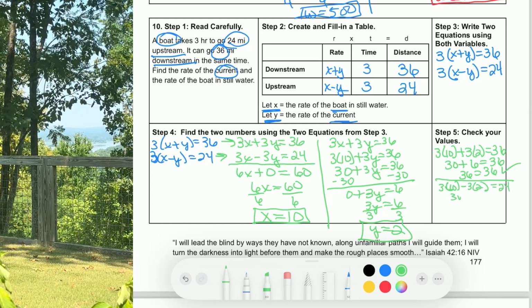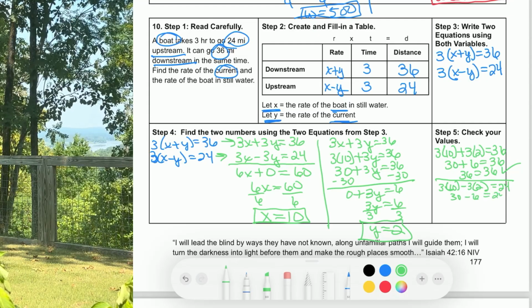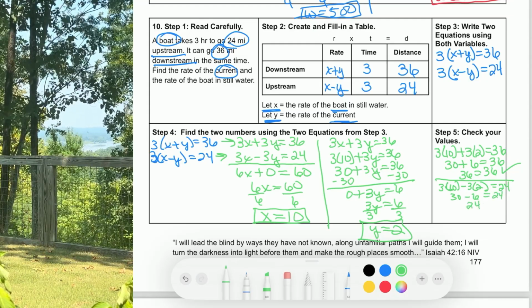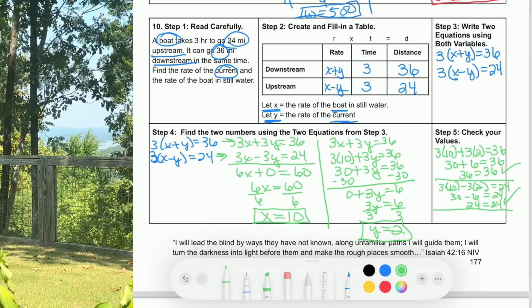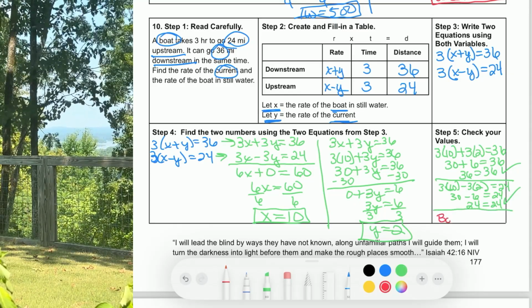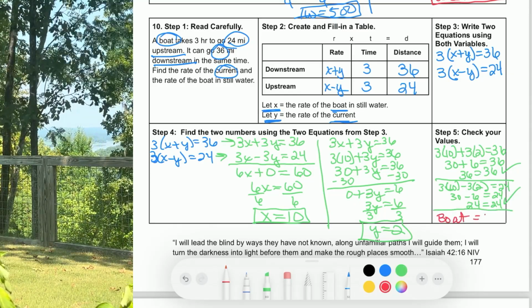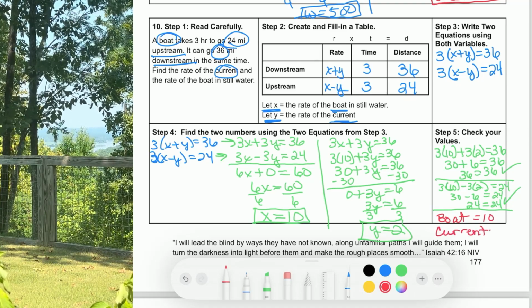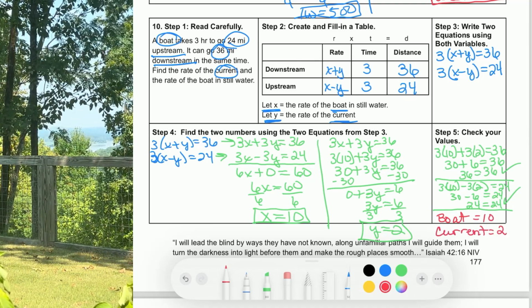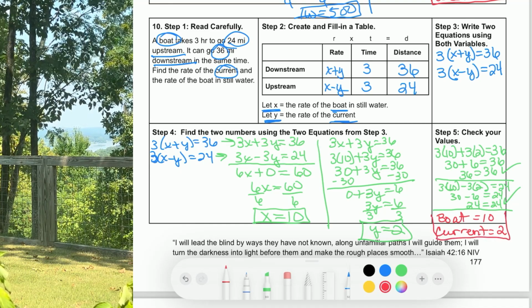So that's 30 minus 6. And it does. It gives us 24. So the two sides equal. So we're good. So our answer is the boat is 10. The current, since it's y, is 2. And that's how we would write our answer.